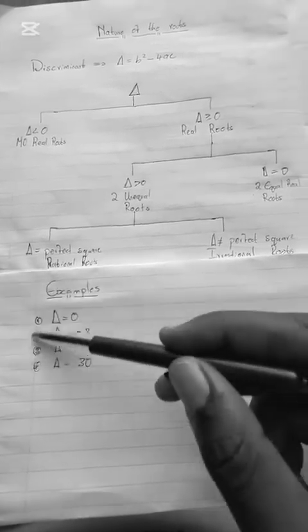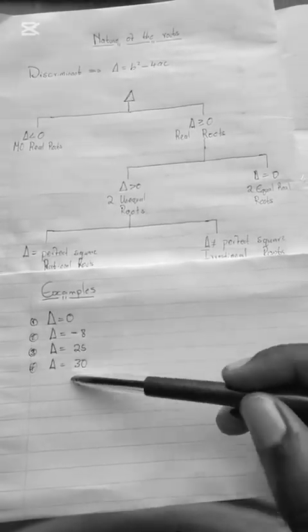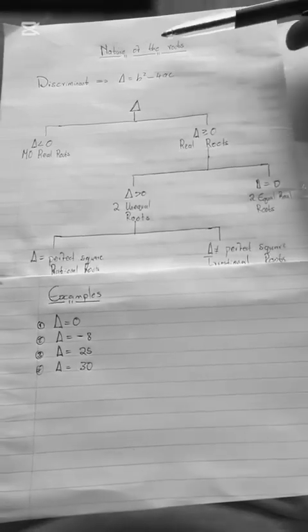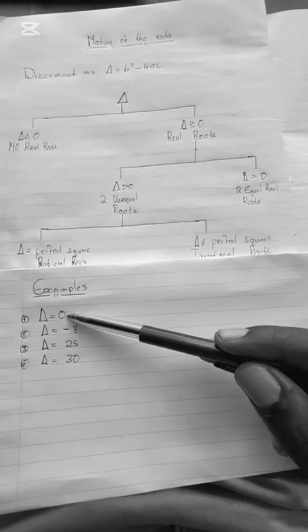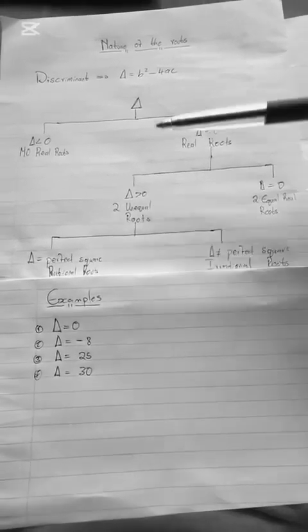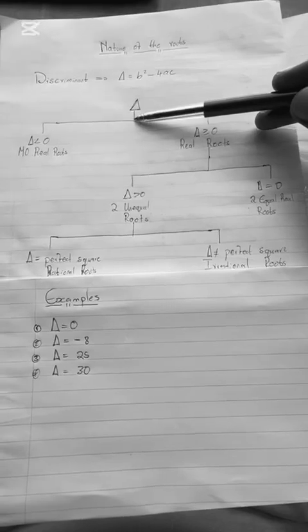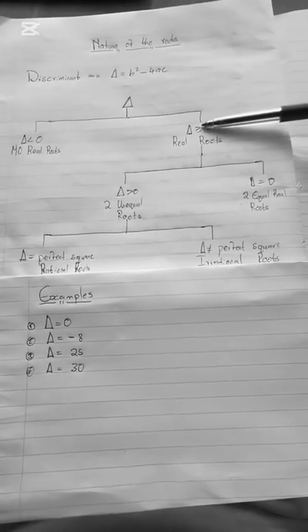Now let's look at the following examples, whereby we are given the discriminant and we have to find the nature of the roots. For example number 1, we are given that the discriminant is equal to 0. From the diagram, we are going to take this root because our discriminant is equal to 0.